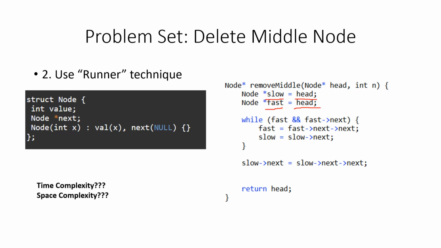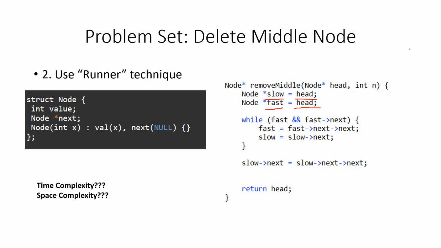So why may you assume that this technique would solve the problem? Let's assume that we have 40 kilometers of road, and we have two cars. One car drives at the speed of 20 kilometers per hour, and the second one drives at the speed of 40 kilometers per hour.